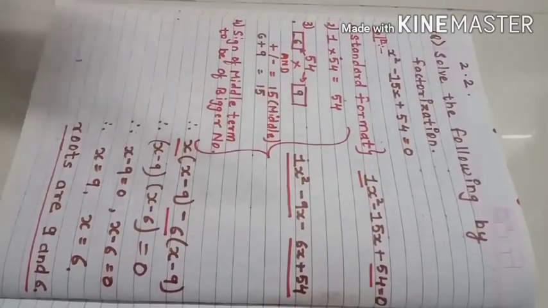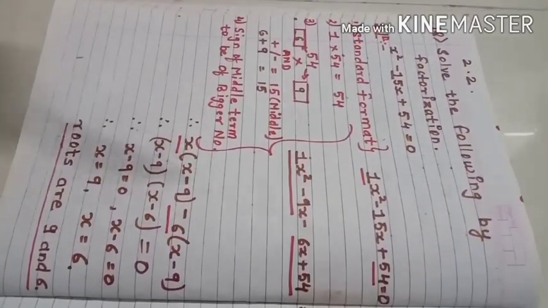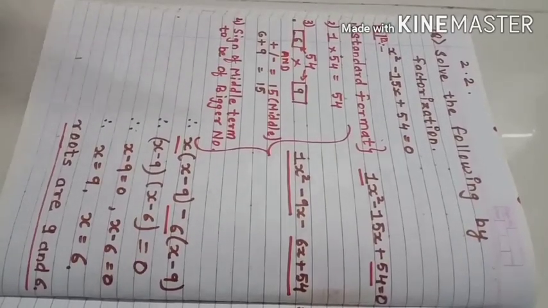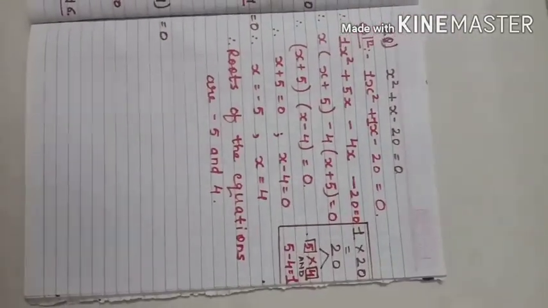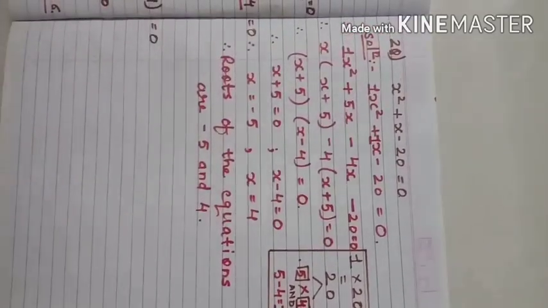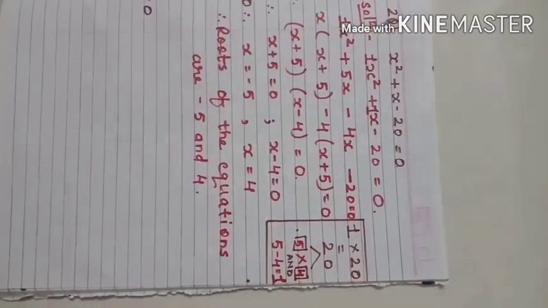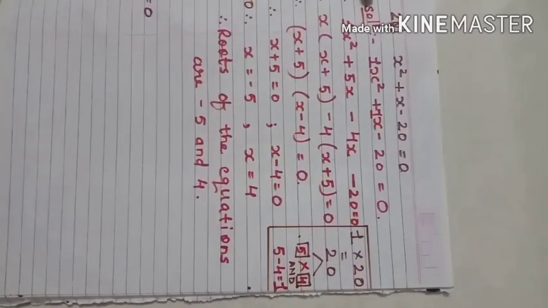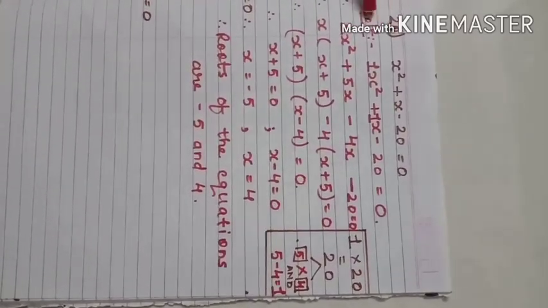By following these steps, I will be solving one more question to understand it deeply in free flow. As here you can see, I have one more question. X square plus x minus 20 equal to 0. The first step says that it should be in a standard format.